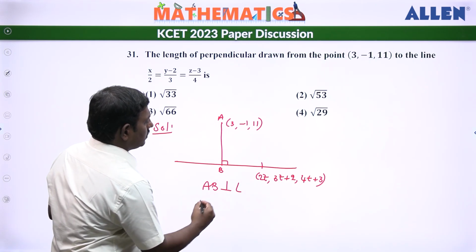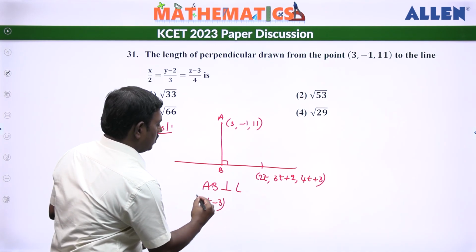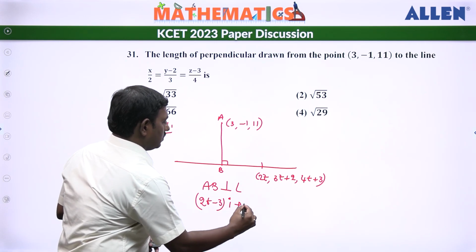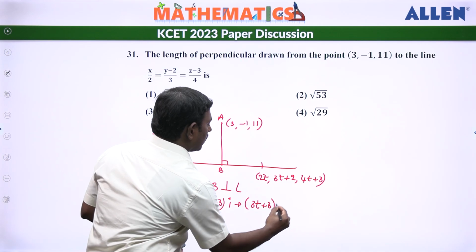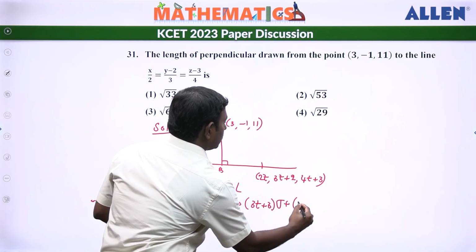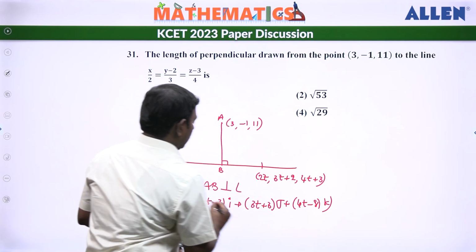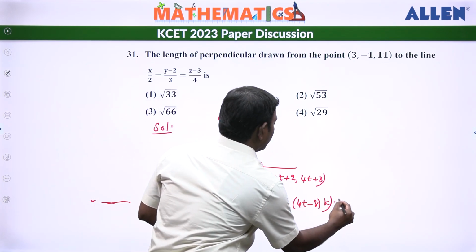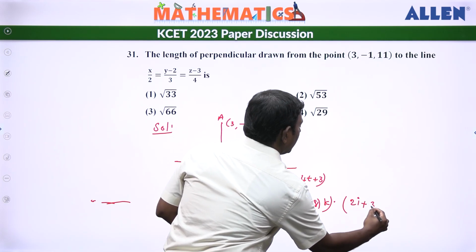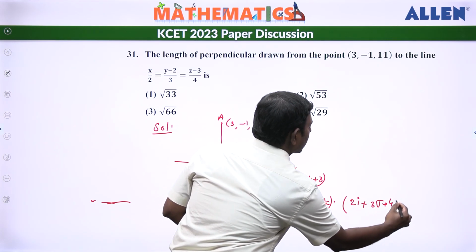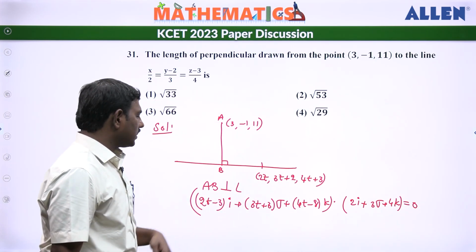AB DRs are (2t minus 3) i plus (3t plus 3) j plus (4t minus 8) k. This dot product with 2i plus 3j plus 4k should be 0.